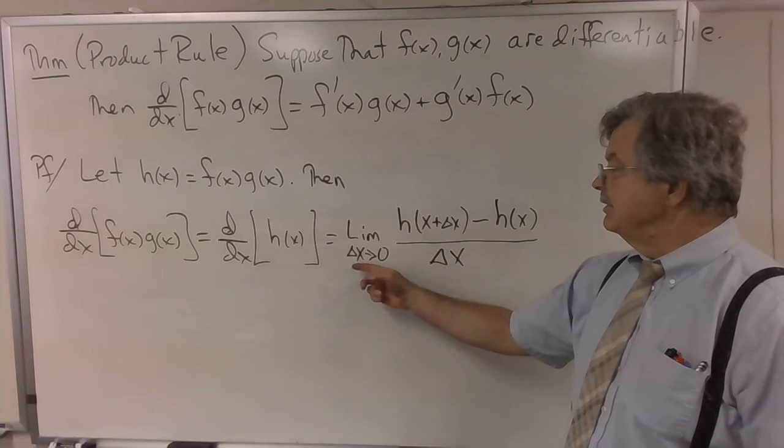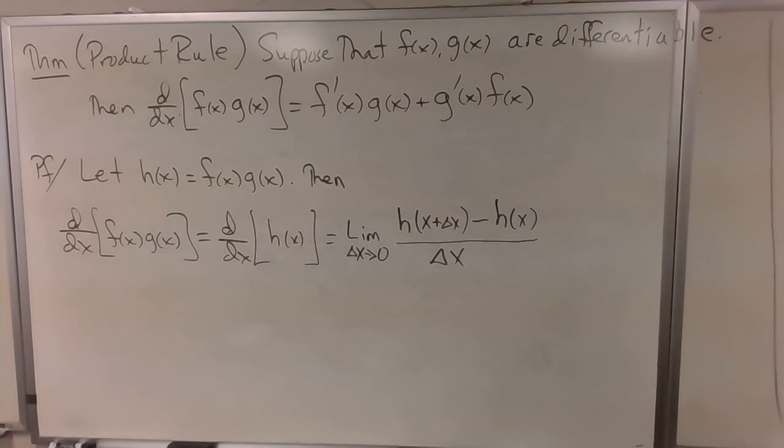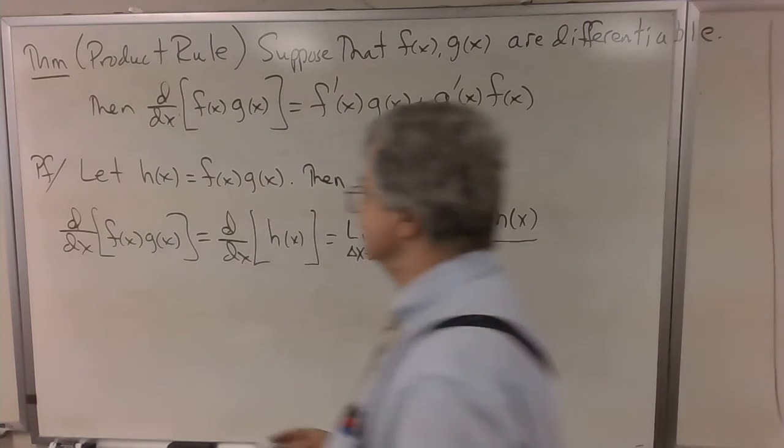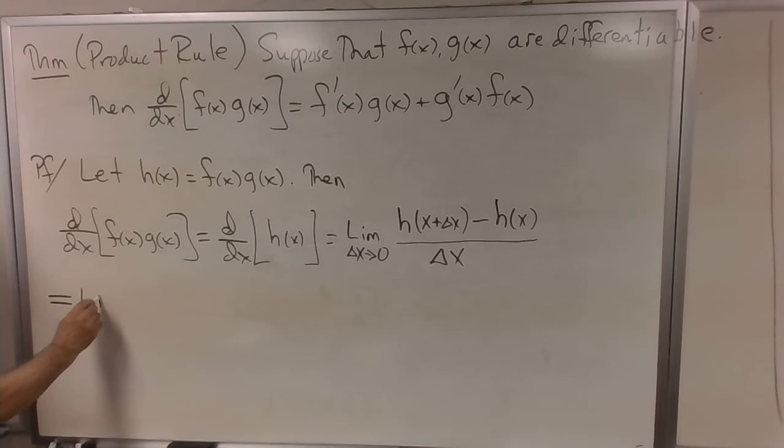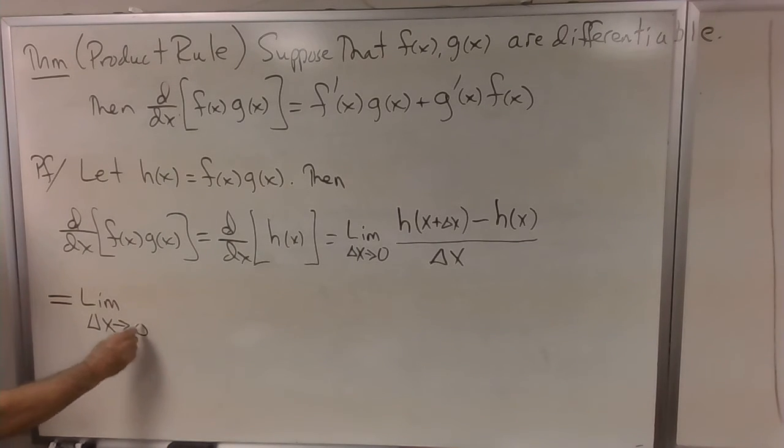And we're computing the limit as delta x goes to 0.